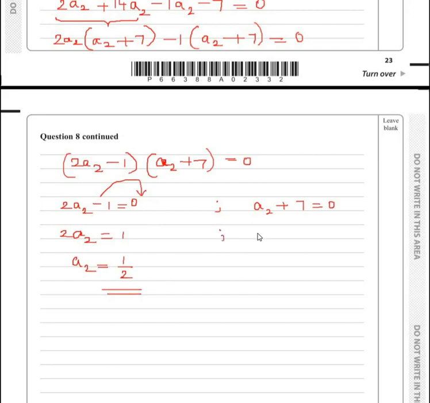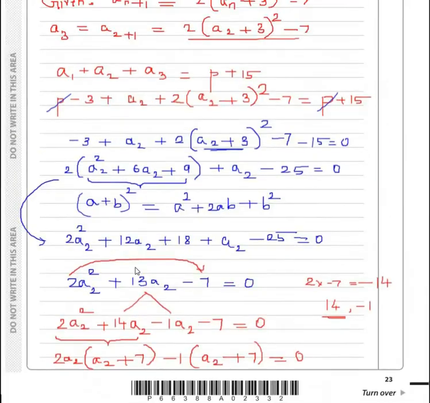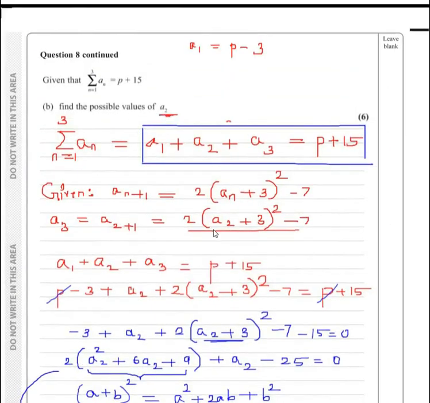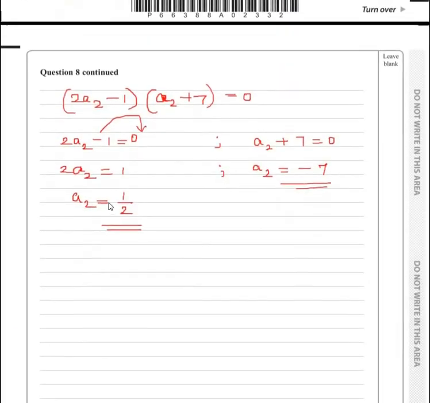And the next one is a2 equal to, sending the plus 7 here, minus 7. So the possible values of a2 which they had asked us to find out are these two numbers, positive 1 over 2 and negative 7. This is the answer for your question 8.